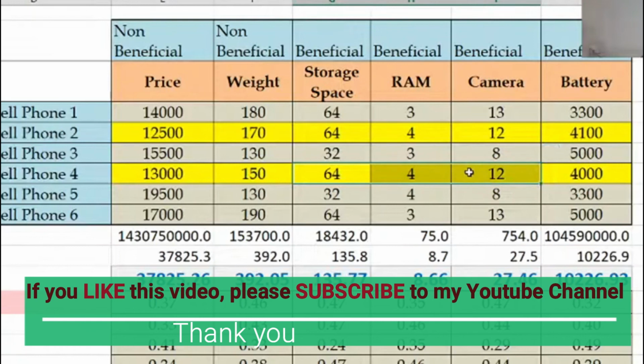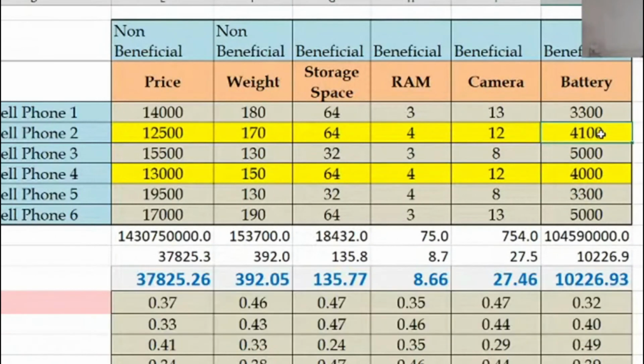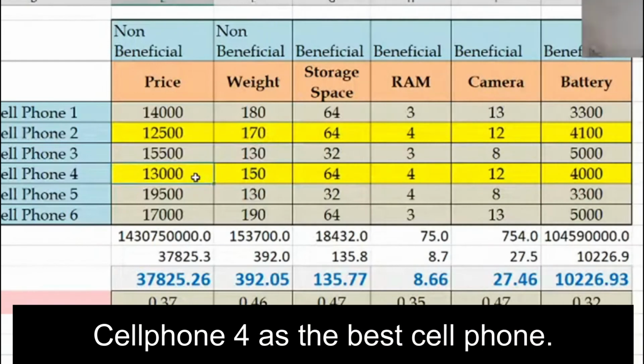While in case of battery also we can see there is negligible difference. In case of cell phone number 2, though battery is 100 mAh higher than that of cell phone number 4, we see the major difference lies here in the weight. So just by compromising with rupees 500, we can get a lighter phone as compared to cell phone number 2.